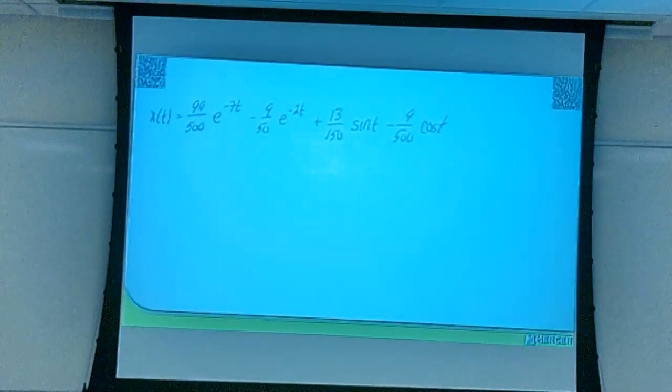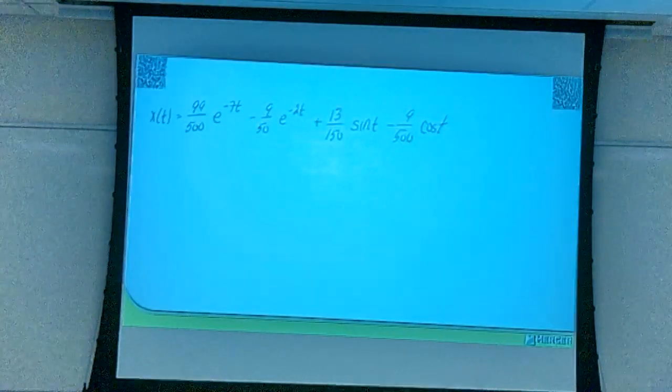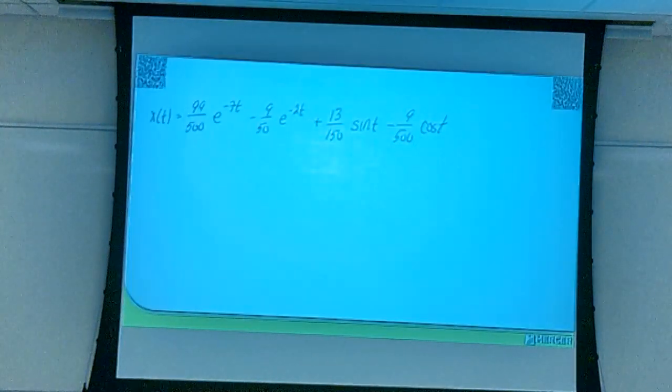It's this, right? For the steady state, take a look at this limit.